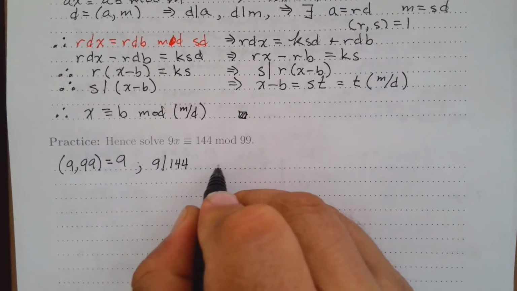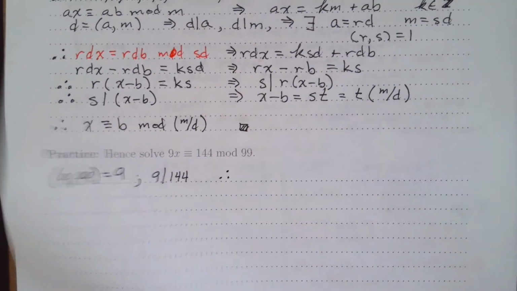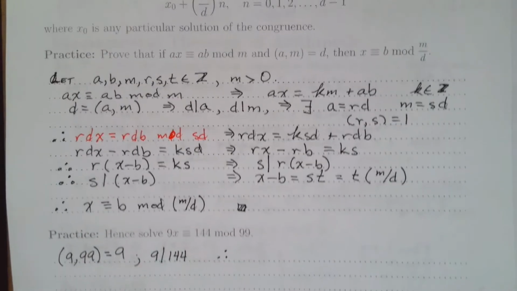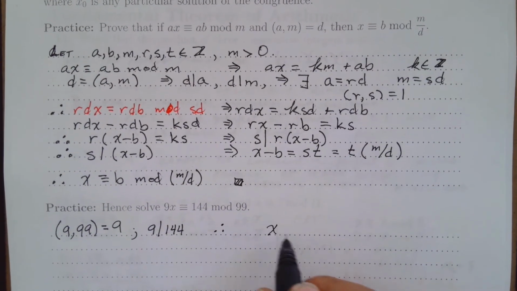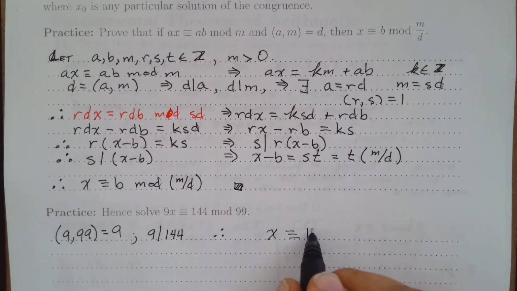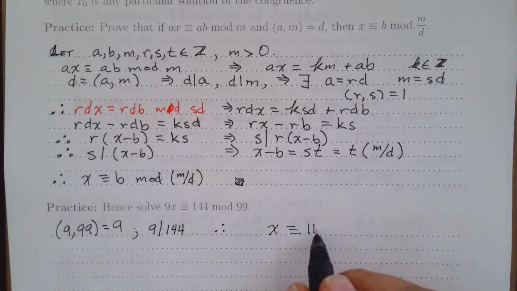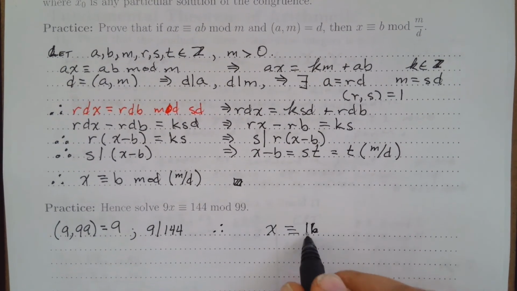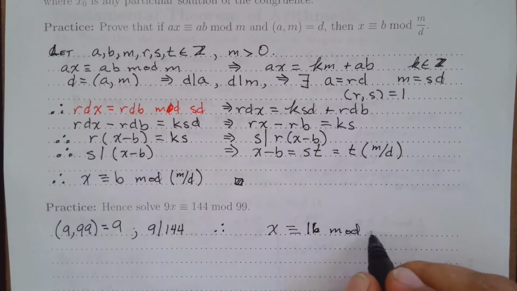So using our cancellation theorem, we can say that x will be equivalent to 16 mod 11.